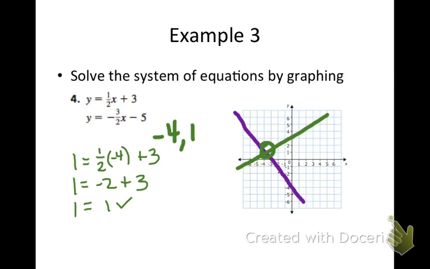Worked for the first one. Let's look for the second one. And it worked for the second one. So again, using a straight edge to make sure that you're getting as accurate as possible so that you can estimate the solution set based on where the two lines intersect.